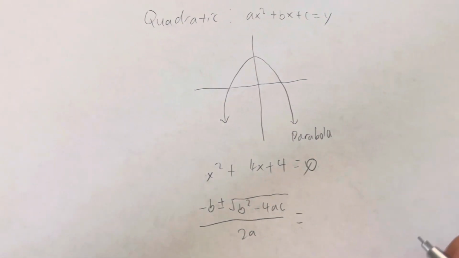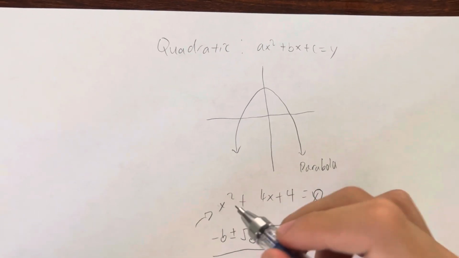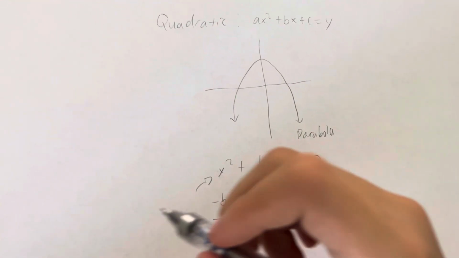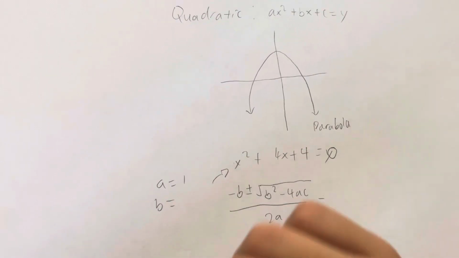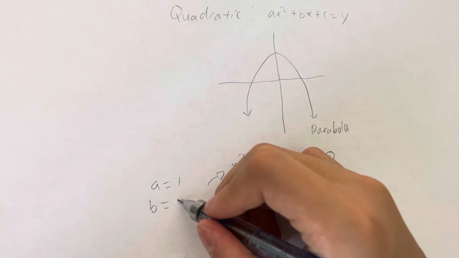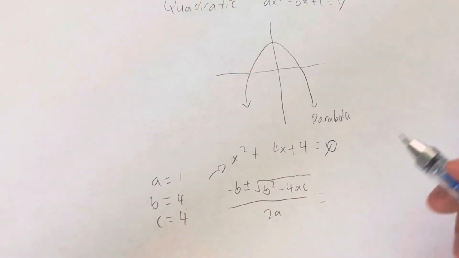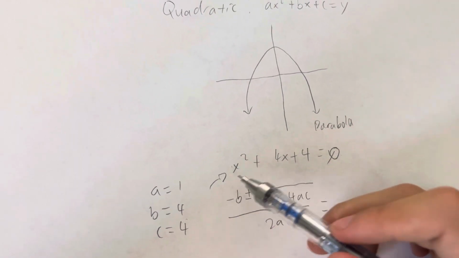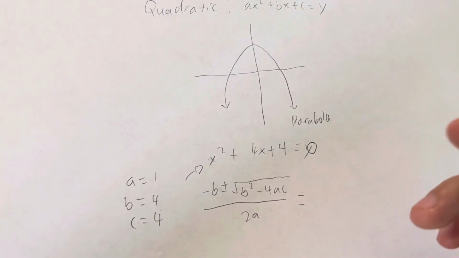So we just need to know a. In this case, a is equal to 1, b is equal to 4, c is also 4, so this is technically 1x squared plus 4x plus 4 equals 0.